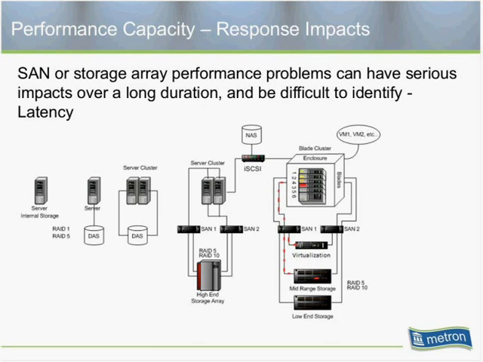As you move forward into the performance capacity and response time aspects, we're able to very quickly identify the response time if it's directly tied to that particular server. But as you start moving further to the right in this graph, you have more and more components and it becomes more and more complex.